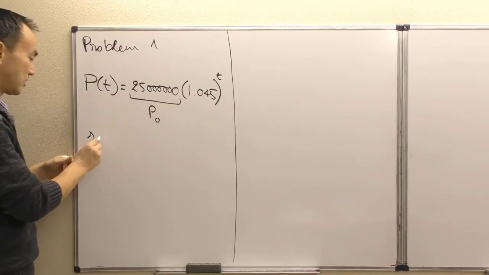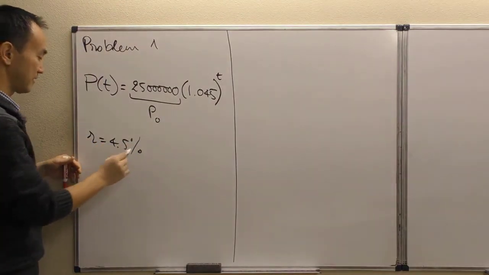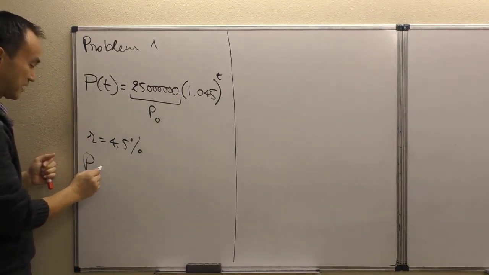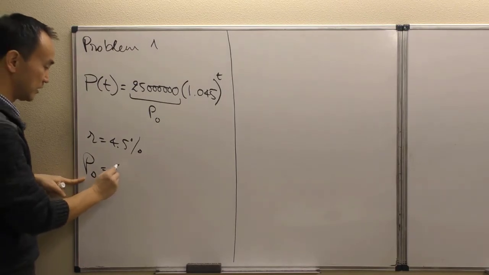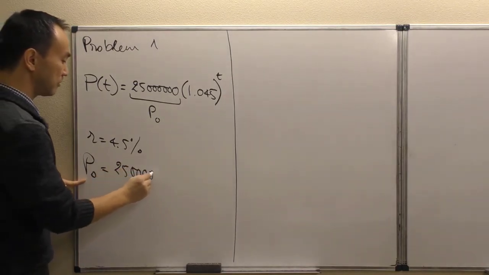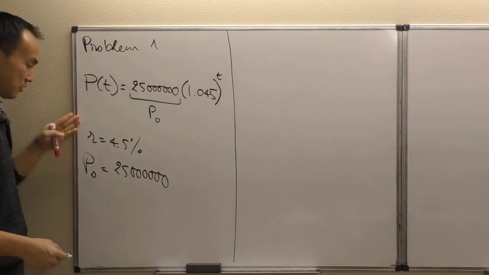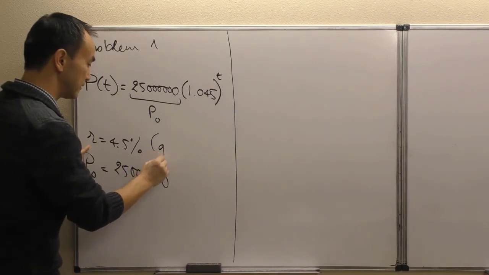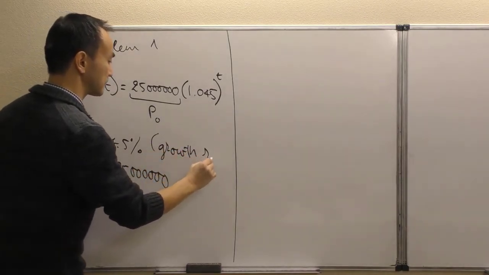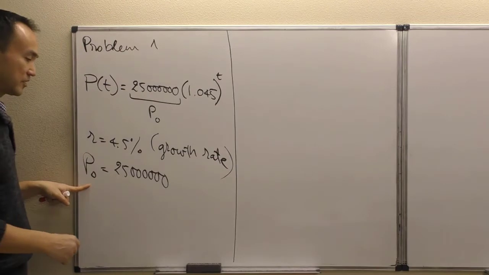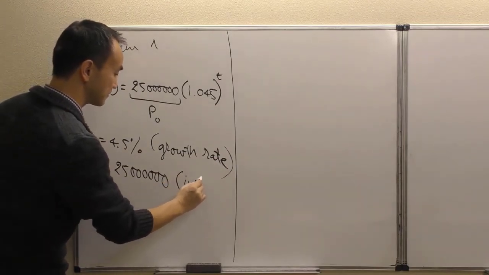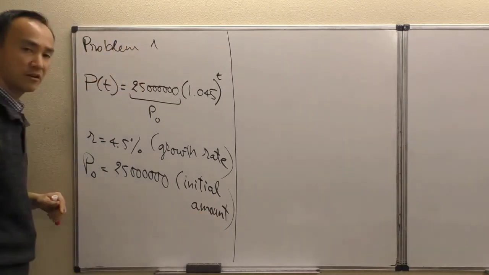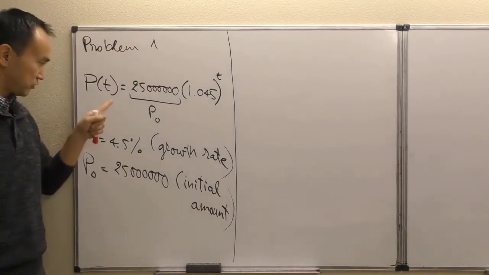So R was 4.5%. And the P sub 0, the initial amount, was 25 million. So we had this information given in the problem, and we call that the growth rate, and this is the initial amount, or the initial population amount. So that was the function right here.